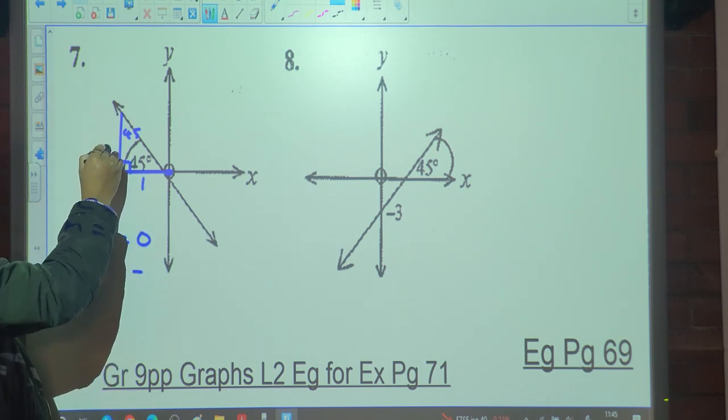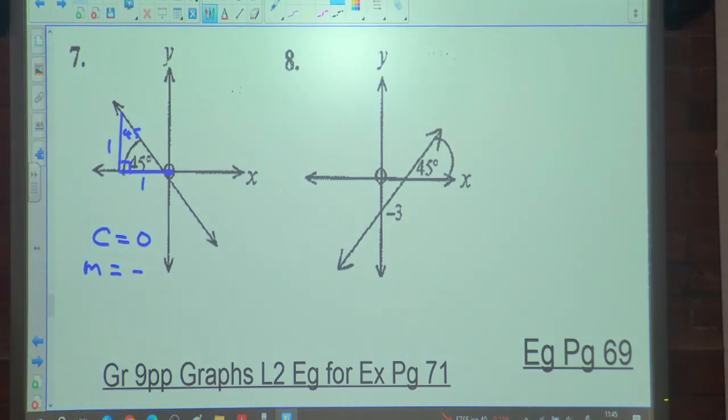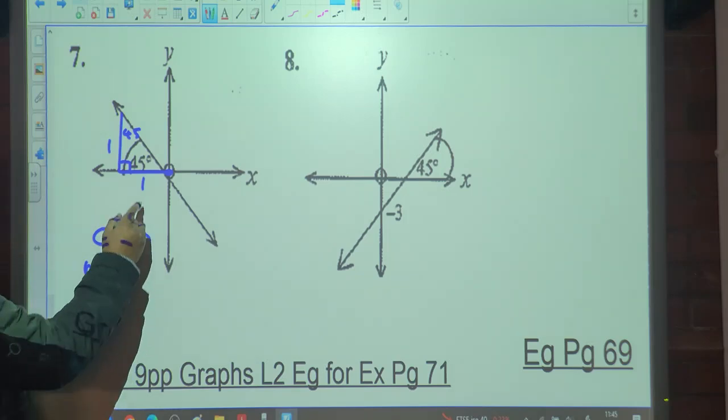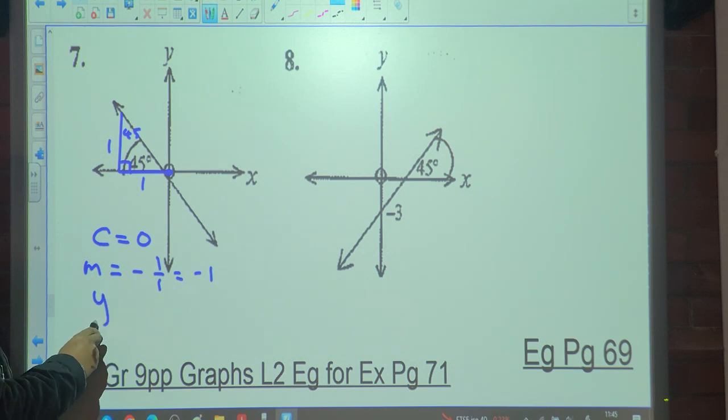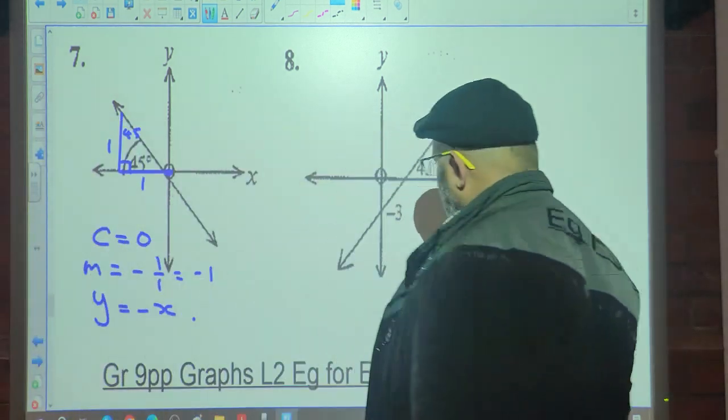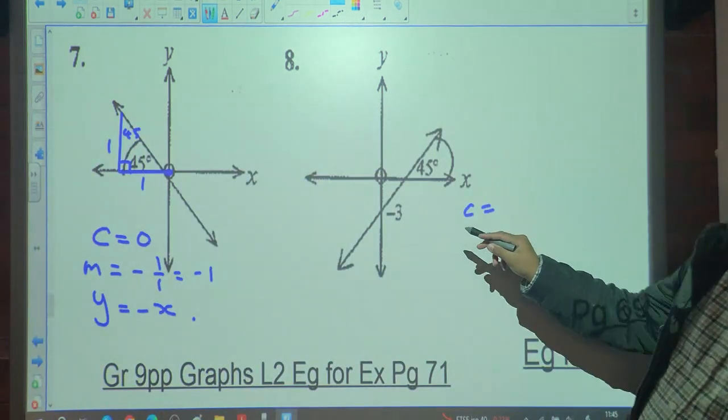So that length and that length will always be the same. Alright, so delta y over delta x is going to be 1 over 1, which is negative 1. My equation is y is equal to minus x plus 0, which is minus x. Okay. Look at the next one. What's your c value here?